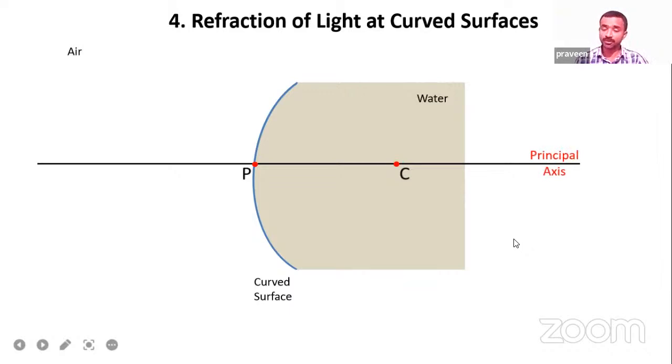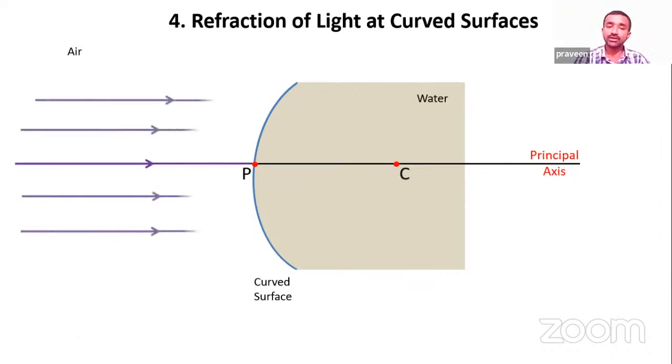Now look, a parallel beam of light rays is constructed parallel to the principal axis. A parallel beam of light rays is incident on the curved surface, parallel to the principal axis. These beams of light rays are now considered incident light rays.